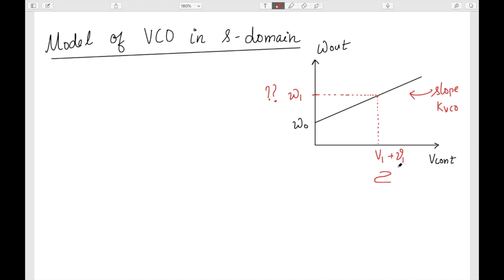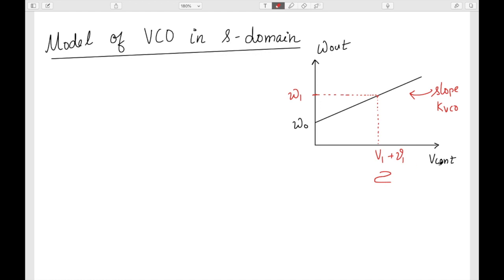So for a small v1, if the control voltage is oscillating by small v1, basically there's an error, then how much is my omega changing? This is the loop dynamics that we want to see.